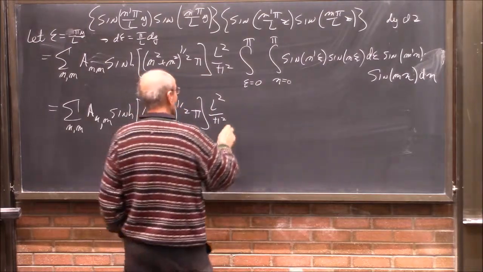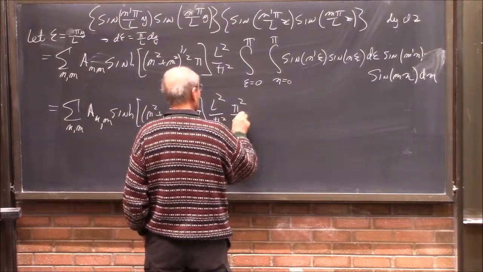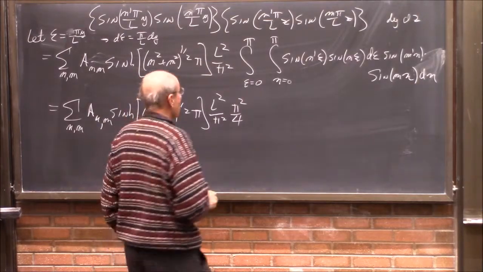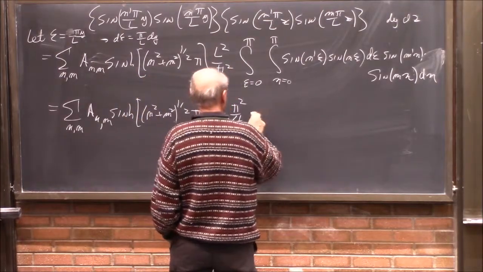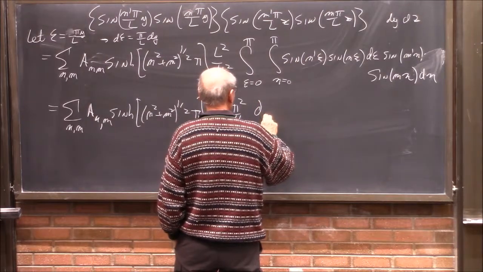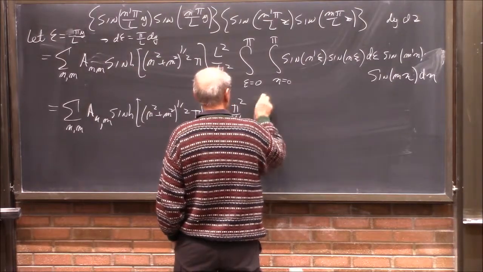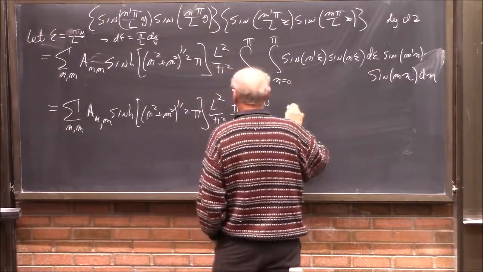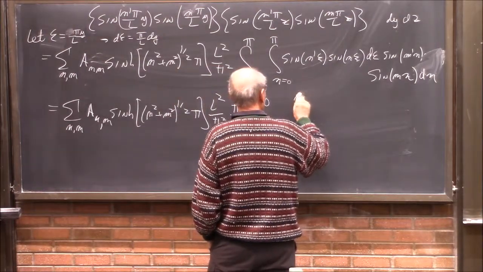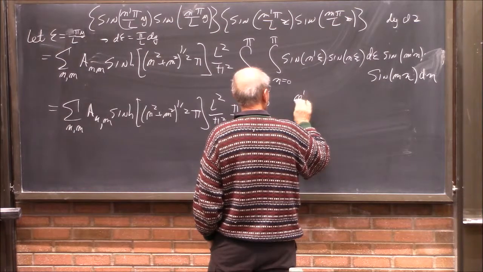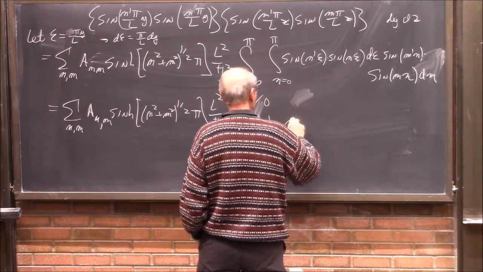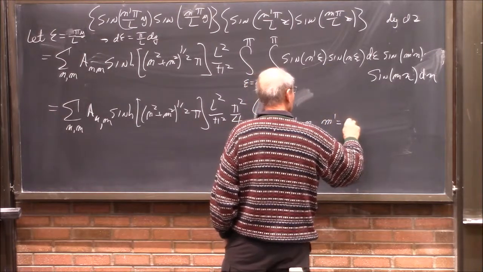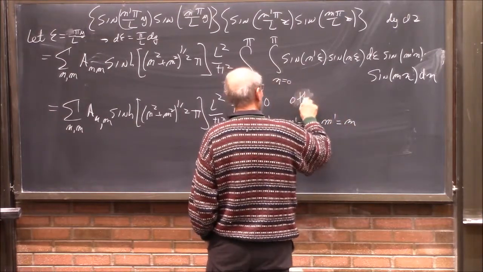And so I will get pi squared over 4. And then I will have 0 or 1: 1 if n prime equals n, m prime equals m, 0 otherwise.